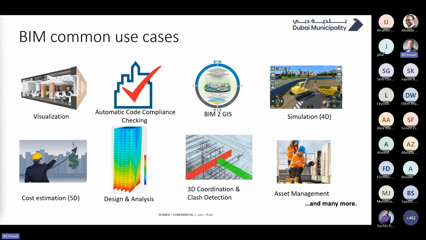Another case is integrating the building information with the graphical information, the GIS system, to build a digital twin or to provide smart services on the level of the city, for example, for civil defense if a fire happens, or for police, or for making an analysis of the traffic in a certain area if a building is newly erected, etc. And with BIM, we have the possibility to use simulation of light, simulation of energy consumption, simulation of structural analysis, because we are dealing with a virtual model of the design having all properties and functional attributes attached to the elements.